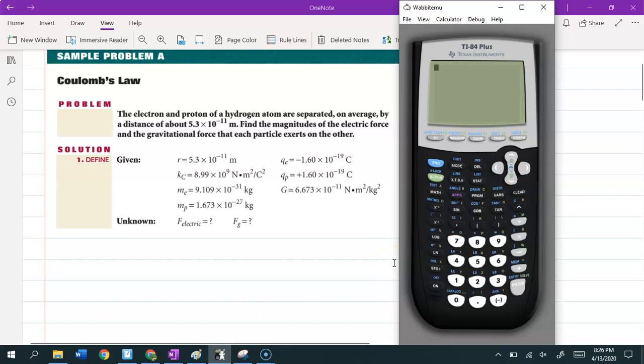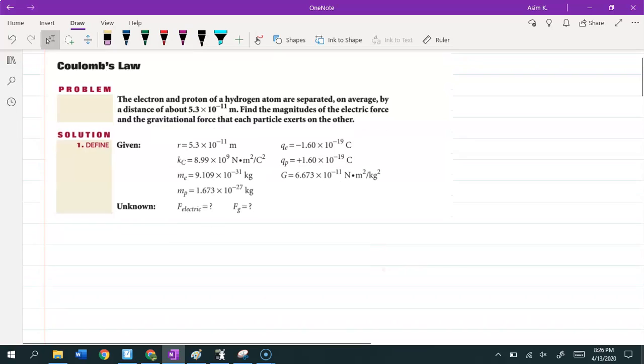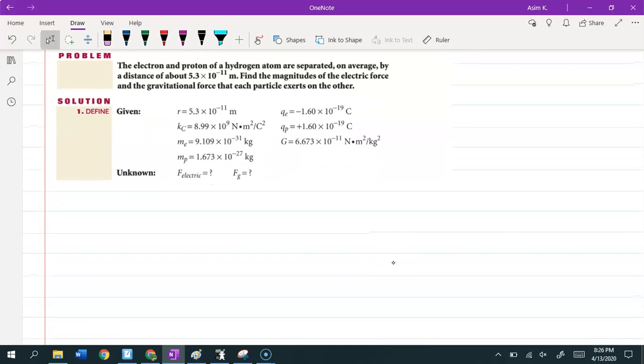The question says, find the electric force and then find the gravitational force between these two particles. The electric force is the first one that we'll find.